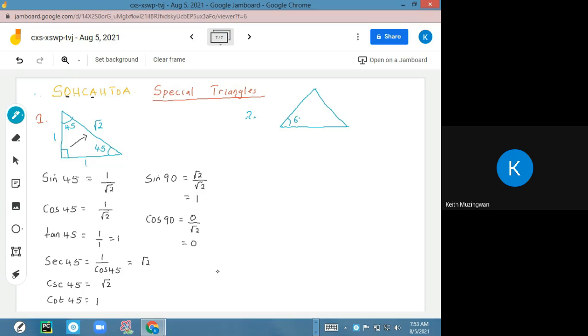Isosceles, equal sides. So if the angles are equal, the sides are also equal. Now look, it becomes a bit tricky. You can't use SOHCAHTOA directly, but we want to use SOHCAHTOA.